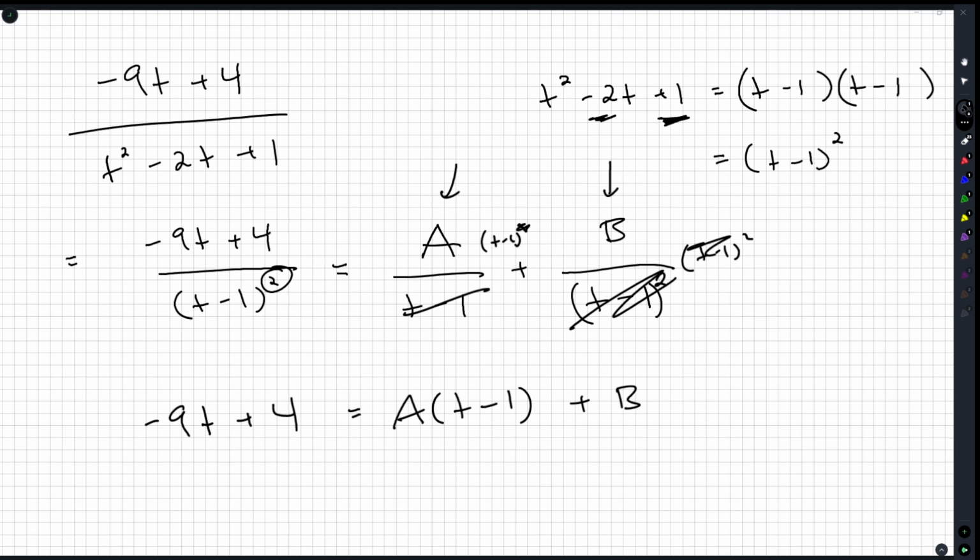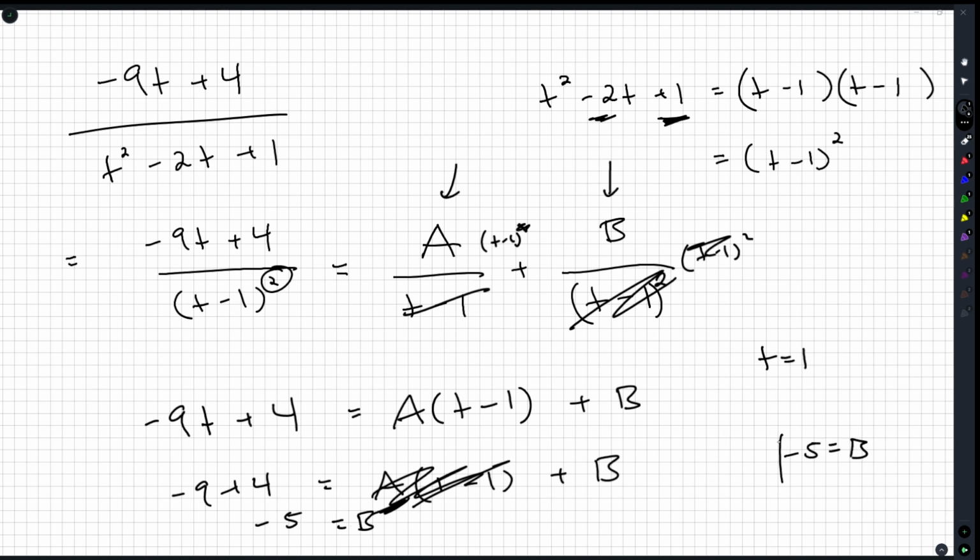So one thing we could do is plug in t equals 1. You'll get 9 plus 4 is equal to a times 1 minus 1 plus b. And 1 minus 1, the reason I said t equals 1, that'll be 0. You'll get 0 times a. Who cares what that is? 9 plus 4, that's minus 5. That's equal to b. So b is minus 5.